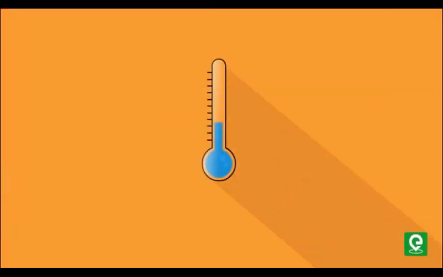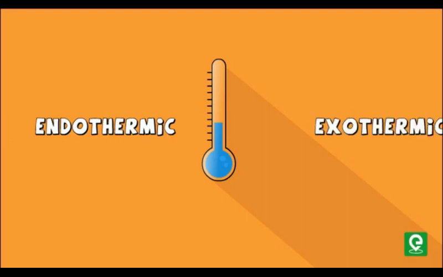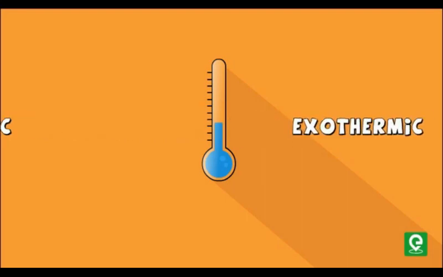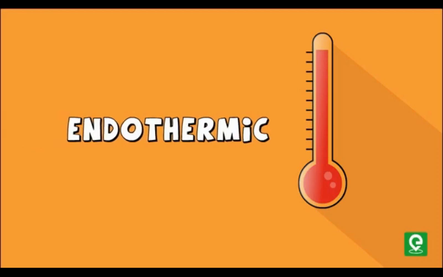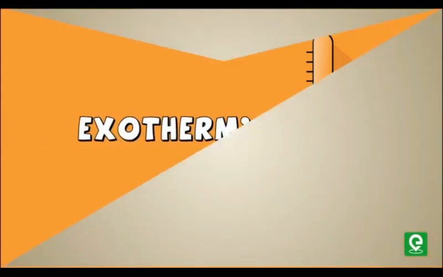Temperature impacts an equilibrium on the basis of the direction of endothermic and exothermic reactions. If temperature is increased, the system will move in the direction which absorbs heat, thus favoring the endothermic reaction. If temperature is decreased, the system will move in the direction which releases heat, thus favoring the exothermic reaction.